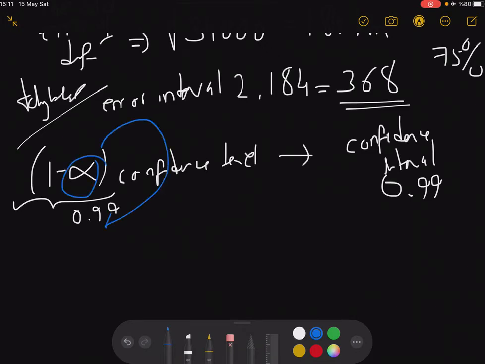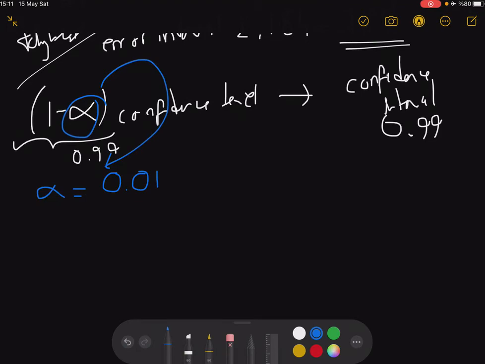Your alpha should be 0.01, but since it has two tails, do you remember from our previous lecture?